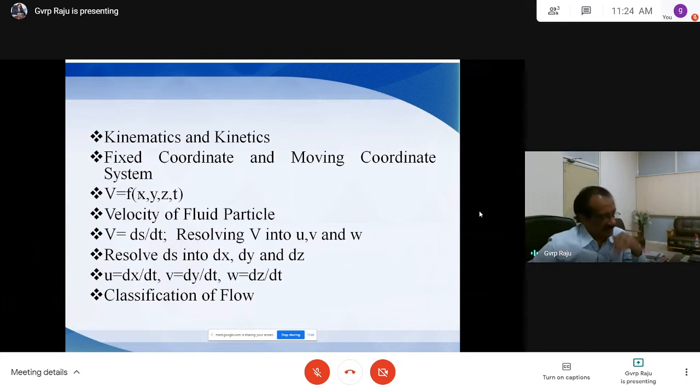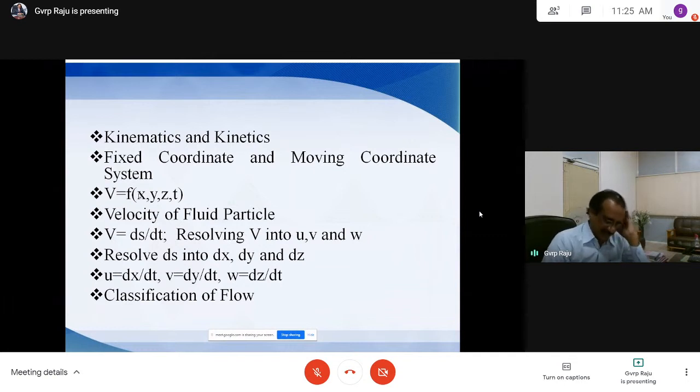When the observer is sitting in a moving boat and the fluid is moving, you can say it is a moving coordinate system because the observer is moving. In the previous case, the observer was stationary on the bank of the river, whereas now he is on a moving boat and the water is also flowing. So that is an example of a moving coordinate system.